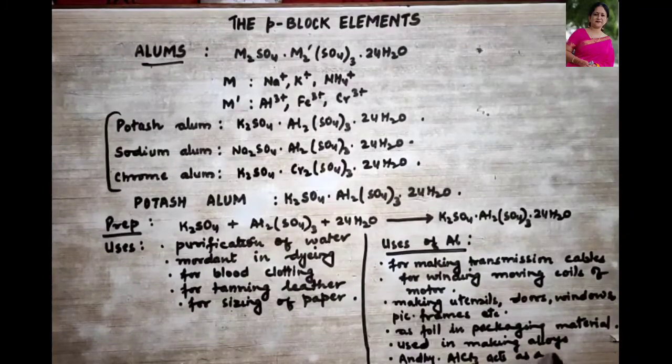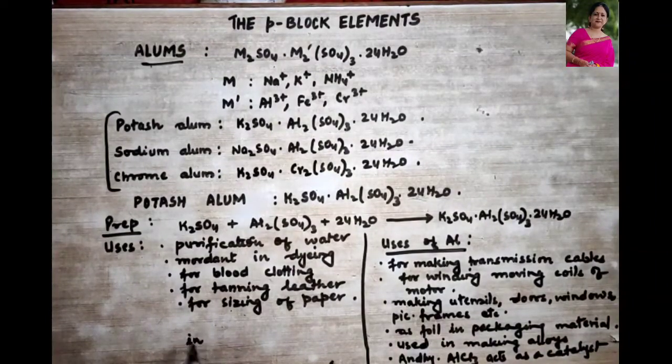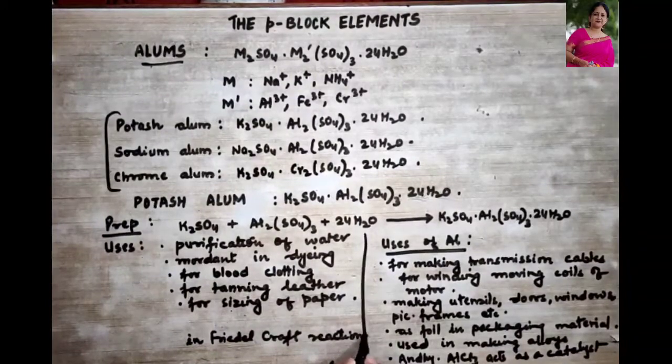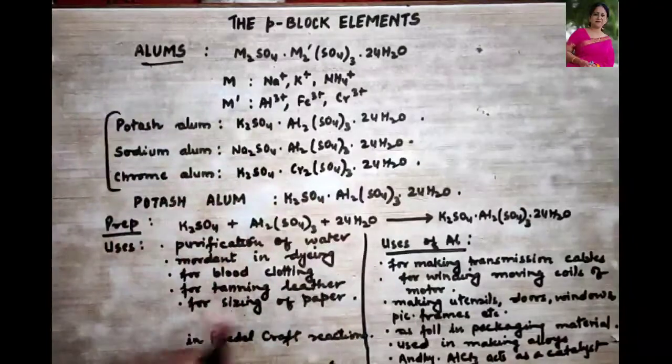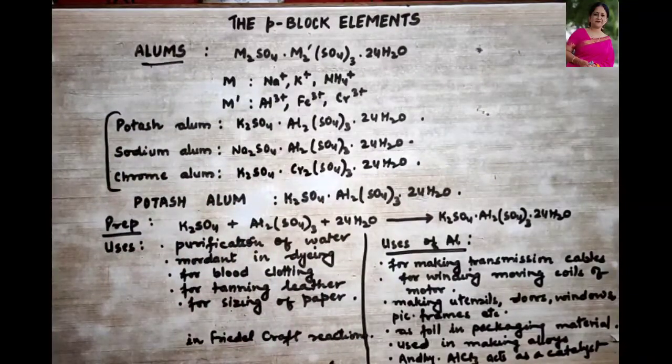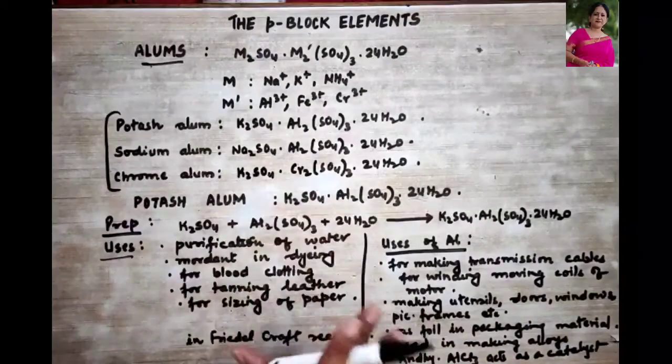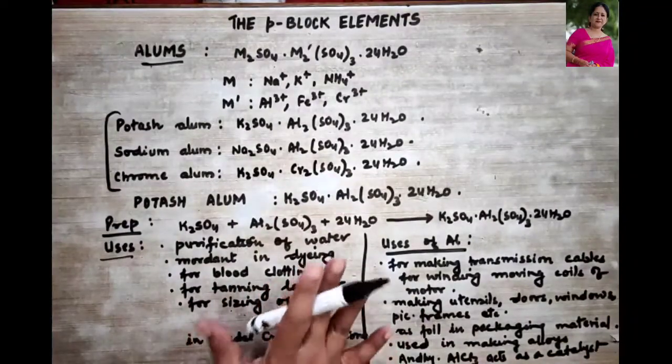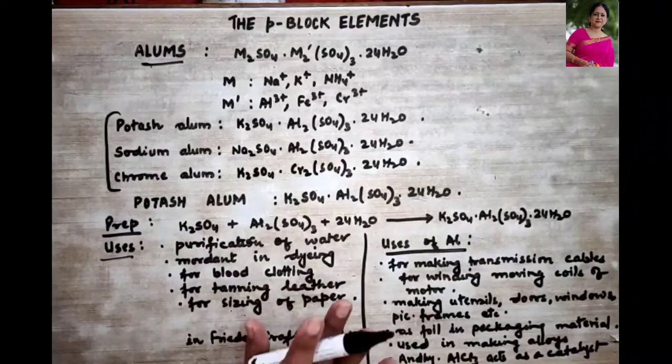Acts as a catalyst, I'll write over here, in Friedel-Crafts reactions, right? So this was also about your alums, the preparation we did, the uses we did over here, the uses of aluminium also we did. So with this we finish off with the 13 group elements and their compounds, right?